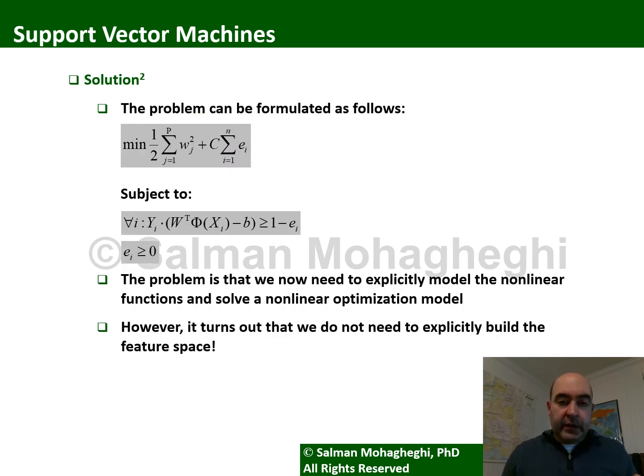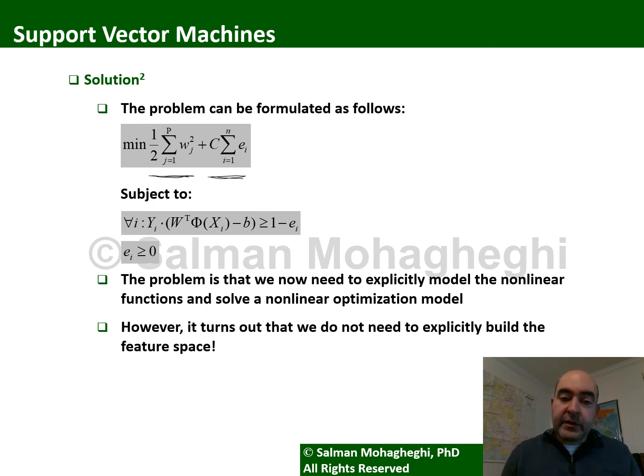The idea here in terms of how to find that boundary is exactly like before. Again, I would like to maximize the margin by minimizing the 2 norm of my W vector, and I would also like to minimize misclassification errors.